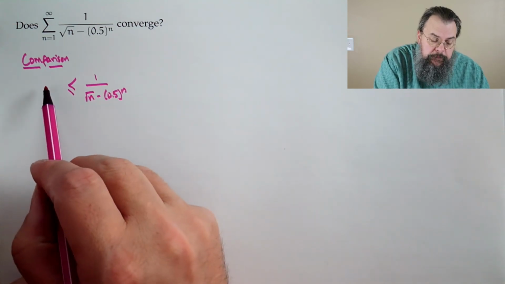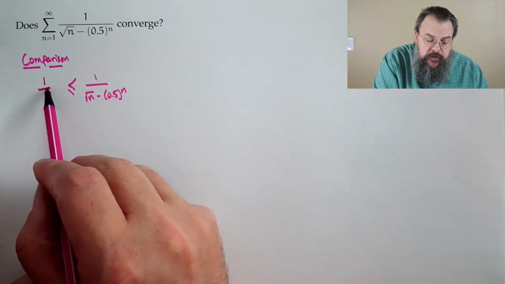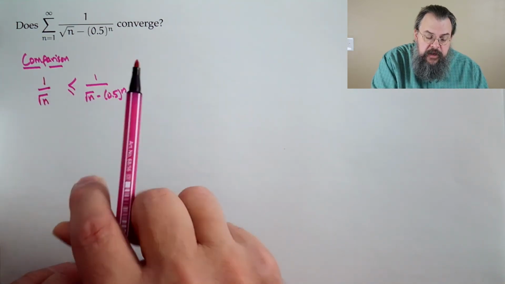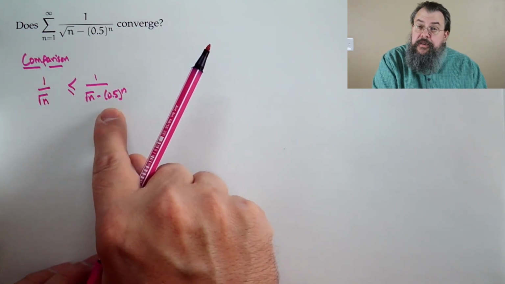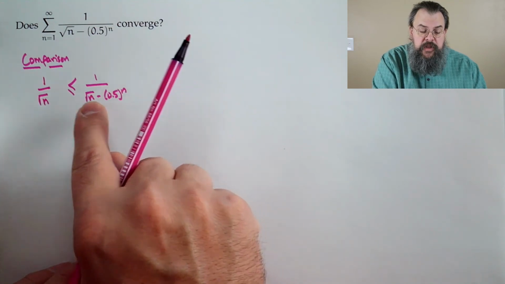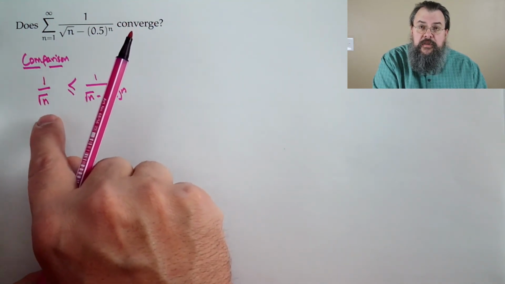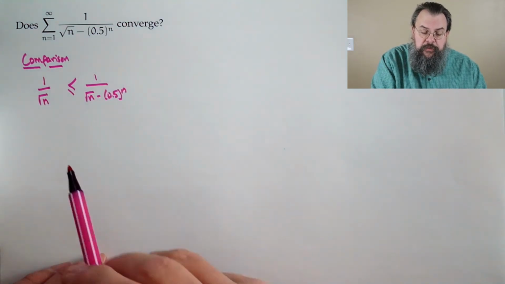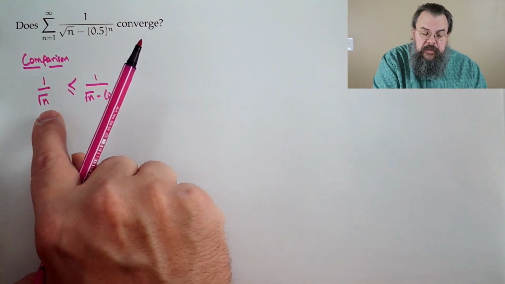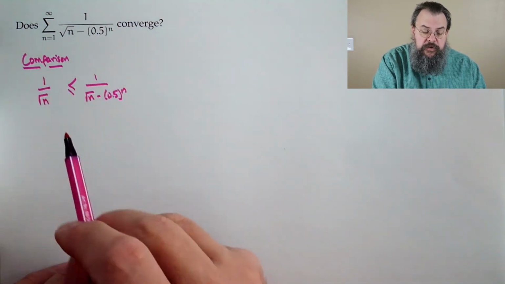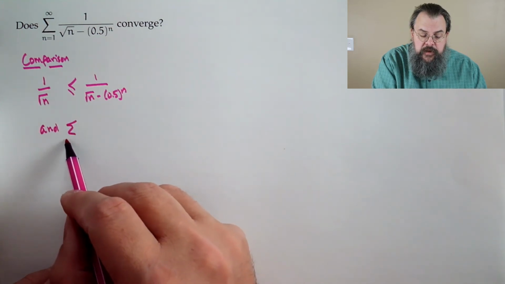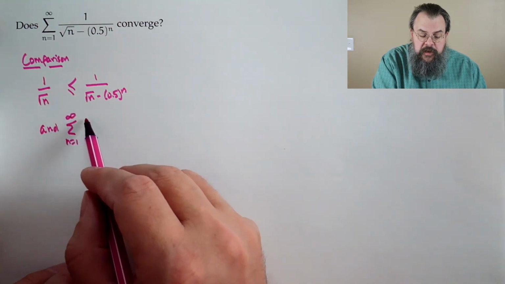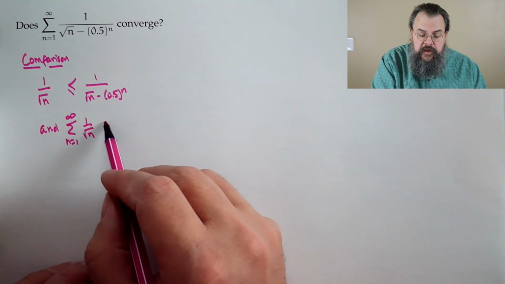Well, look, if we just take 1 over root n, because that has a larger denominator, because this one subtracts something off, even if it's a small thing, it's still a subtraction, that means it's a smaller value. So now we say, great, this is a simpler thing to compare to. Then we say, and the sum from 1 to infinity of 1 over root n diverges.